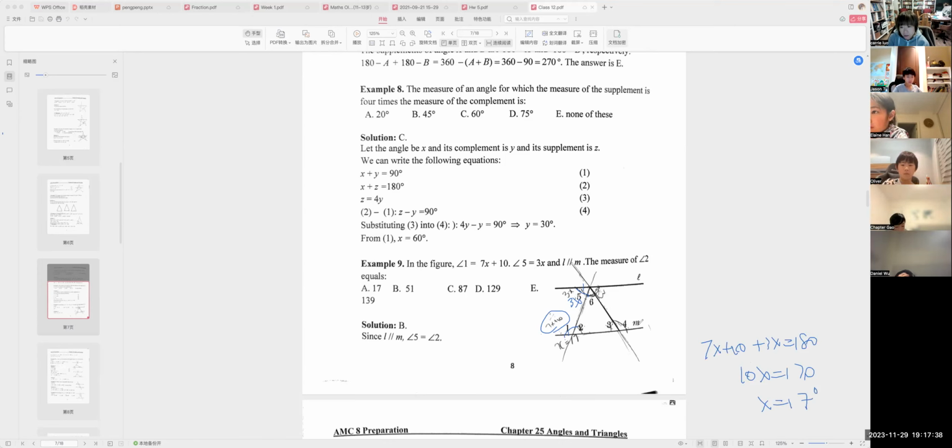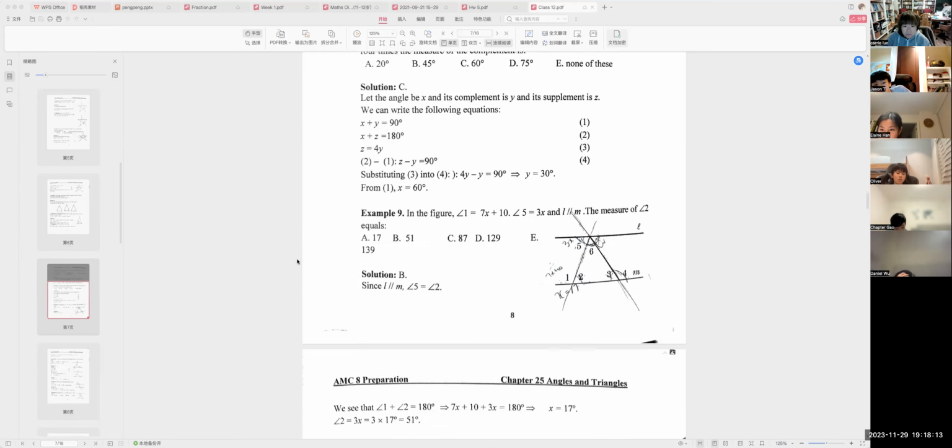Okay, and L is parallel to M. The measurement of angle 2. So because we know x equals 17, angle 1 equals 7 times 17 plus 10, which is 119 plus 10 equals 129. So angle 2 equals what? 180 minus 129 equals 41 degrees. Sorry, 51, what am I doing. So the answer is B. Get it, everybody?